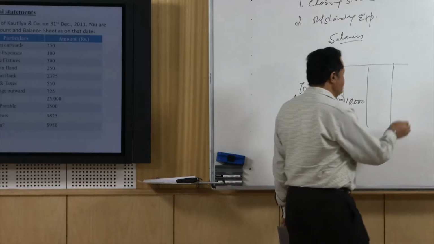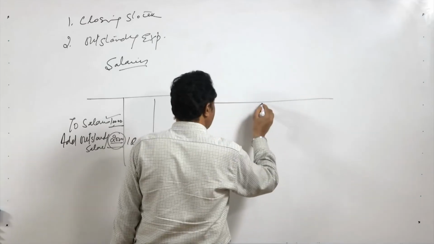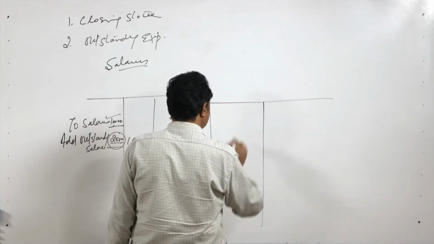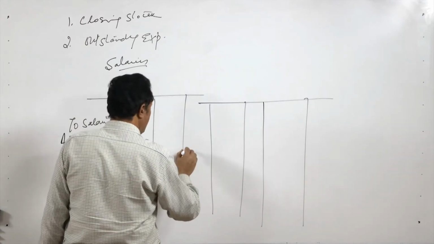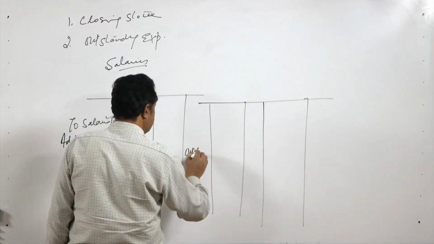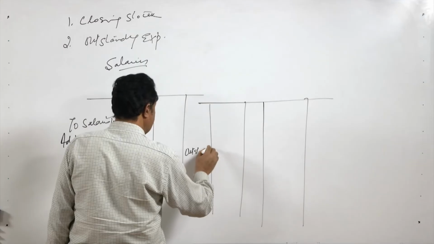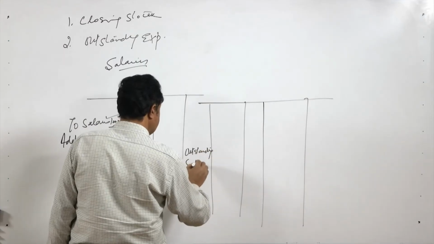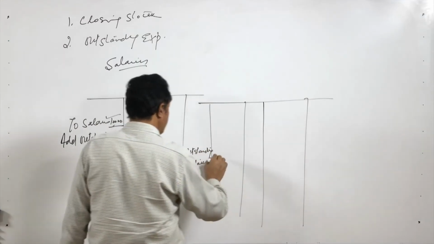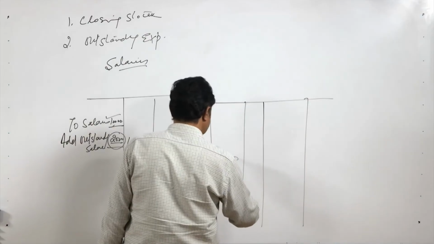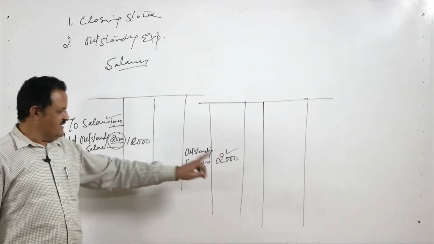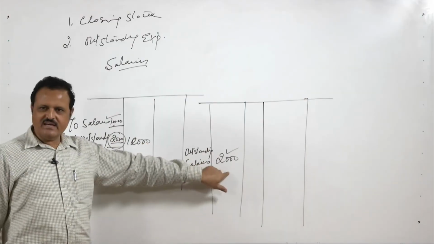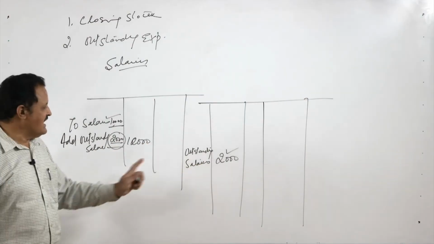The second effect will come in the balance sheet, and in the balance sheet you will put it on the liability side, that is, outstanding salaries, as I told you, outstanding expenses. So this 2,000 rupees is a liability also; till the time we don't pay it, we will keep on showing it in the balance sheet as a liability.